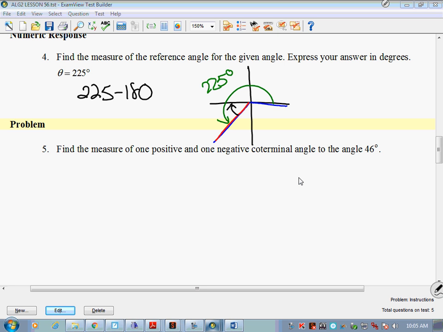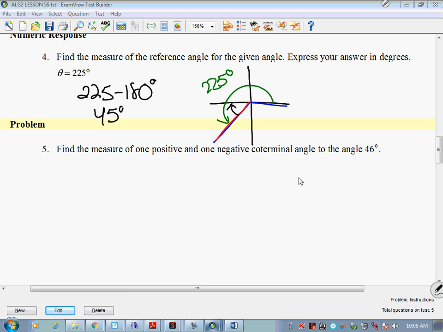Okay? Okay, what's 225 minus 180? 45 degrees. Okay? That angle, the reference angle, is always the angle between my terminal side and the x-axis that it's closest to. Does that make sense? Okay, so even if we've gone past the x-axis, we might have to subtract back to it. Okay?